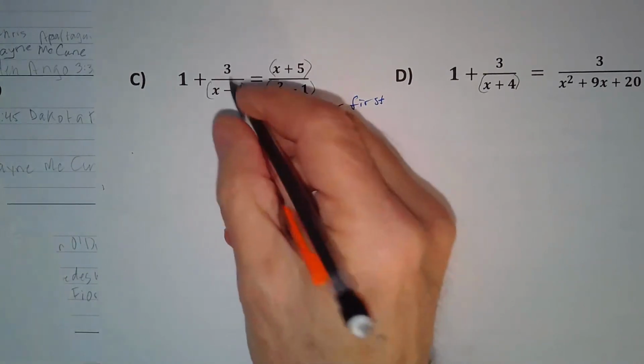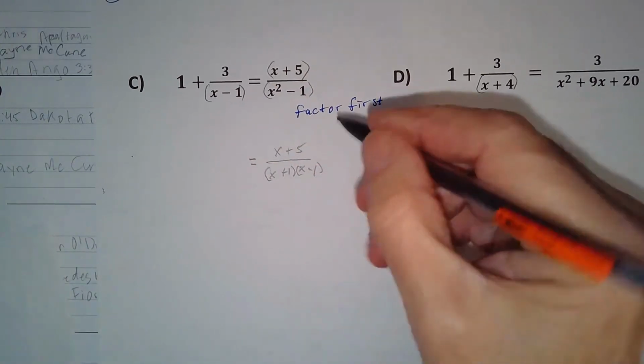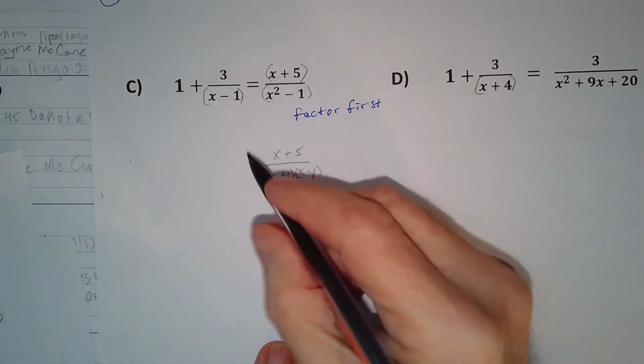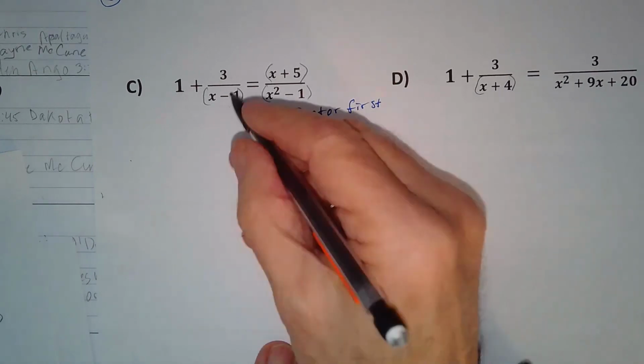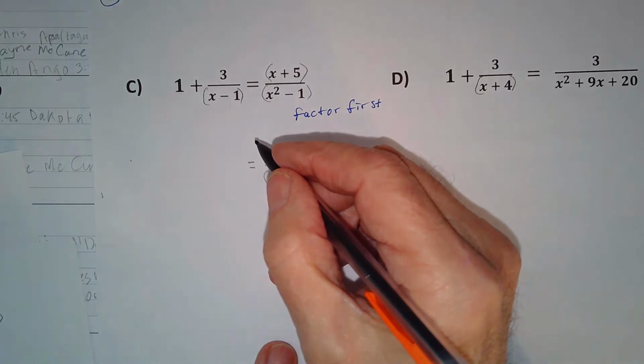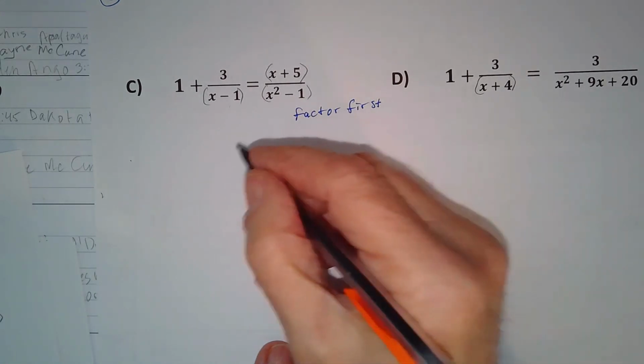Just working backwards, this is 3 over x minus 1. Now, notice I have an x minus 1 here, but I've got an x plus 1 here. So I'm going to have to multiply this times x plus 1 over x plus 1.